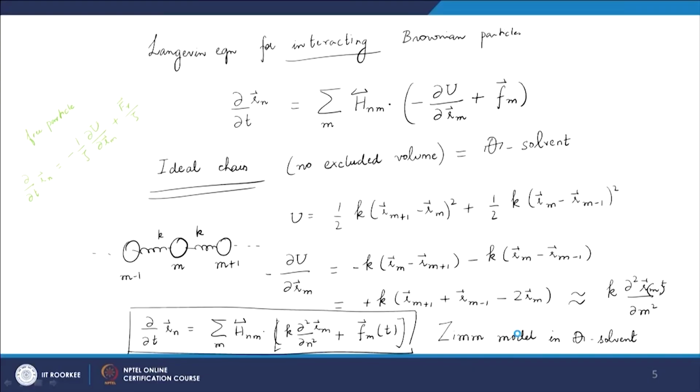So, just to give you a brief review of what we have done so far, we started with the Langevin equation for the interacting Brownian particle. It is different from the free particle case in the sense that the force acting on the particle also affects other particles in the system. Then we have been looking at this for the ideal chain case, where the only force acting on the bead is the spring force due to the neighboring beads, that is the case of a polymer chain.